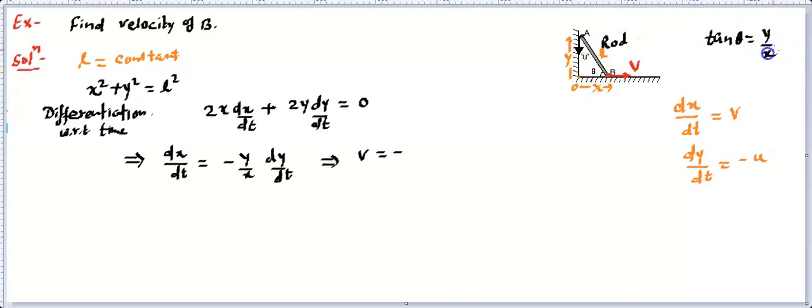So wherever you get y by x, you write tan theta, so that becomes tan theta into the velocity of this thing. What is that velocity? That velocity is minus u, so you write it as minus u. From here you will get the value of v as v equal to u tan theta. U tan theta will become your answer. That means the velocity of point B is going to be u tan theta.